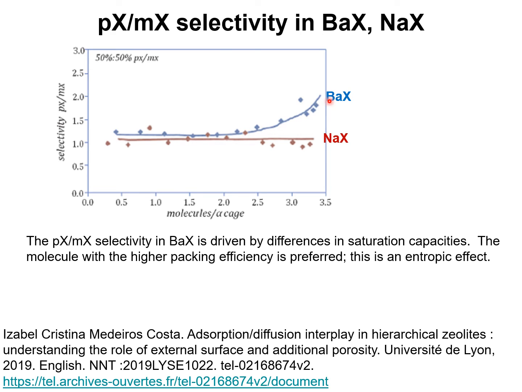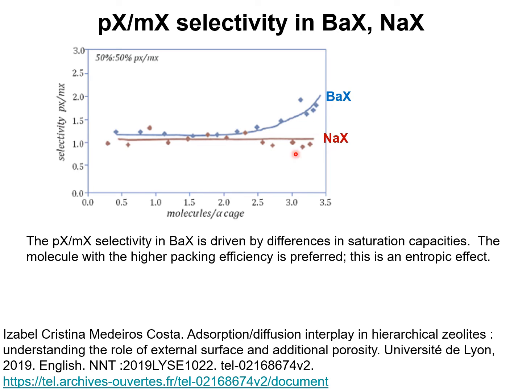Blue represents barium X and the red symbols represent sodium X. For both these cation exchanged zeolites, the PX to MX selectivity is the same up to a loading of 2 molecules per alpha kg.